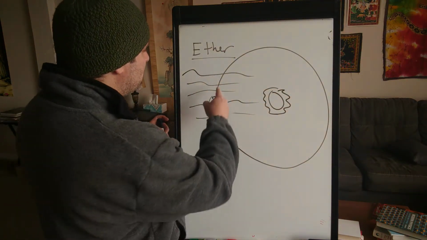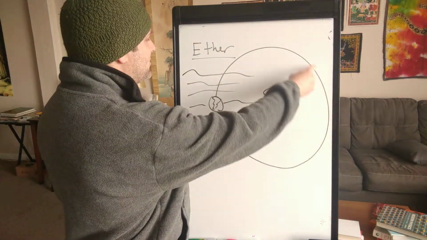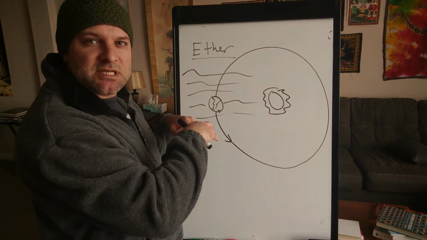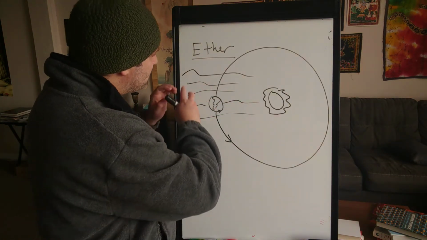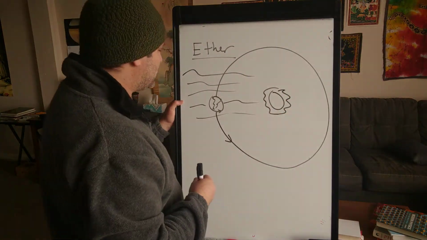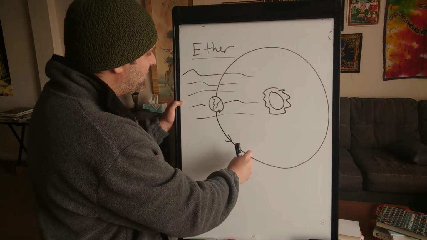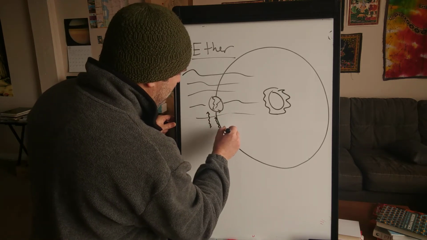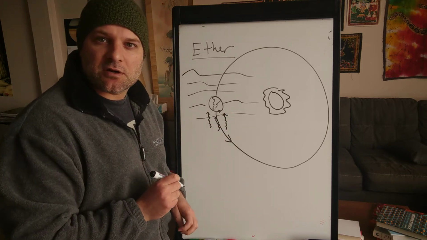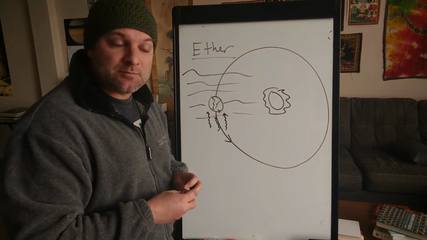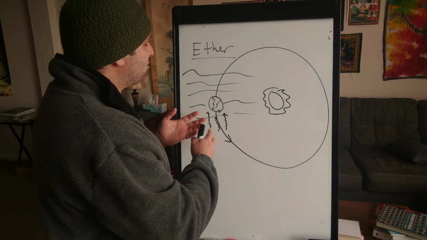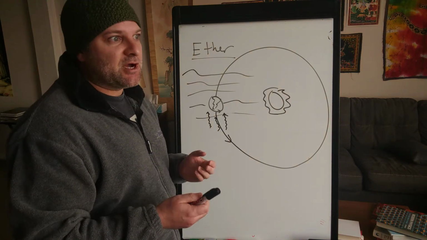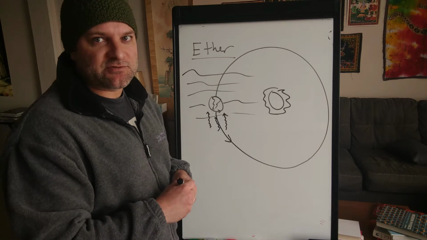If the ether is everywhere and relatively stable, going through all space, and the Earth is moving through this ether, then we should see an ether wind blowing opposite the direction of the motion of the Earth. So what they did was construct a device, which I'm not going to get into how it worked. If you have further interest, it's called the Michelson-Morley interferometer.